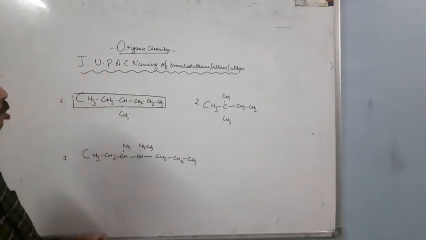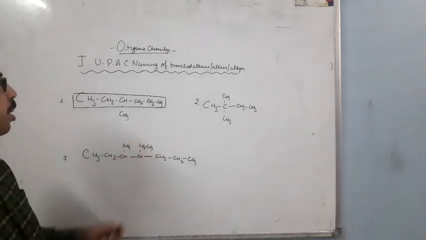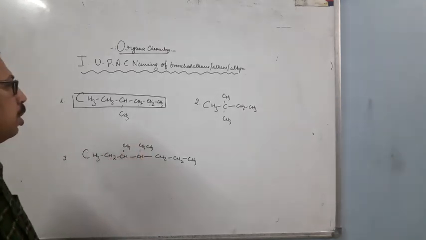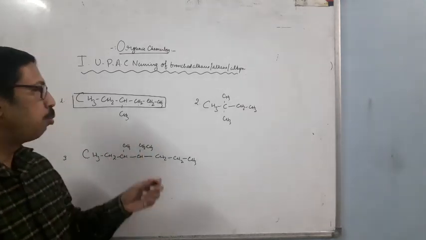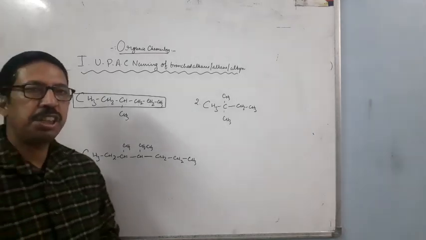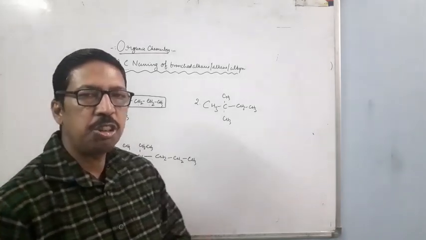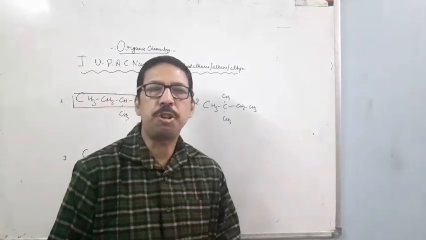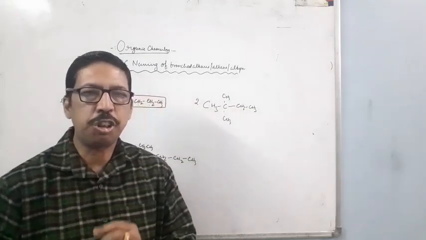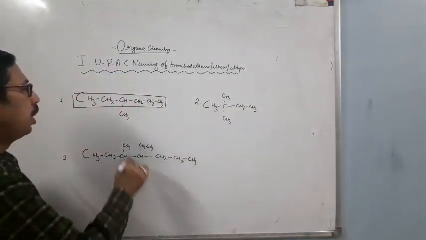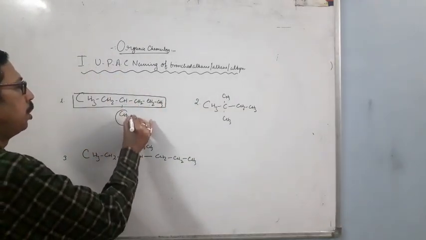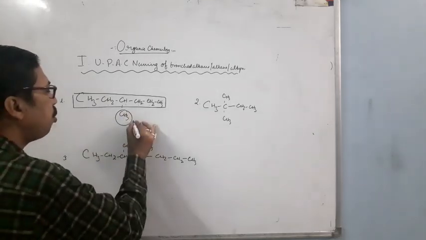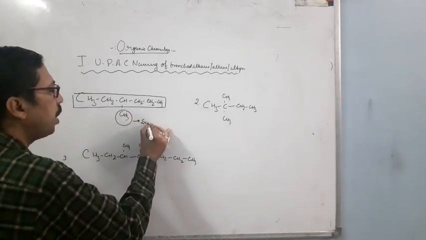There are 6 carbon atoms in the parent chain. Therefore, we can identify that the given alkane or substituted alkane will have 6 carbon atoms, and this part is said to be the substituent.